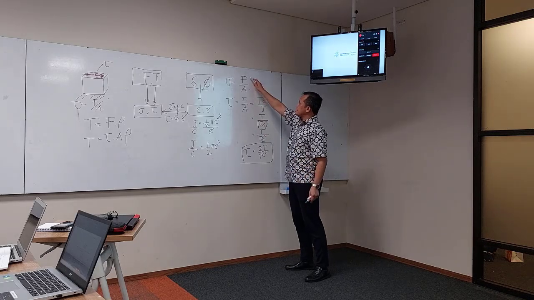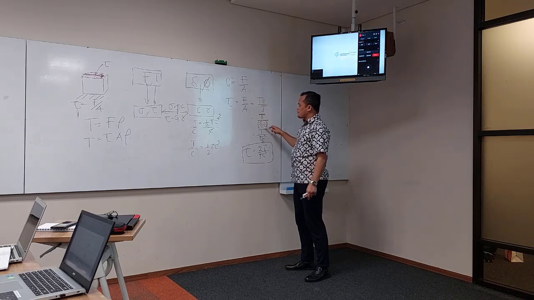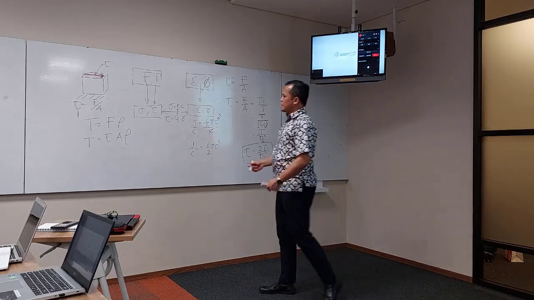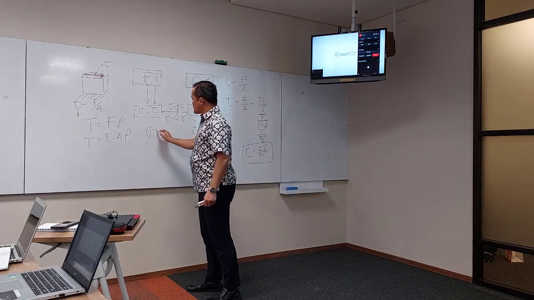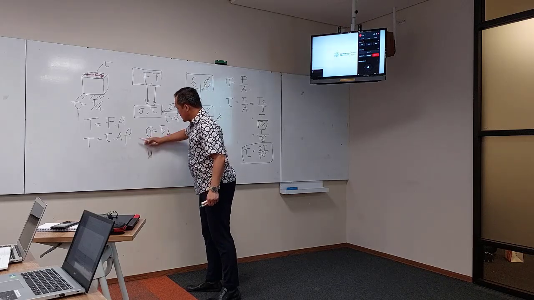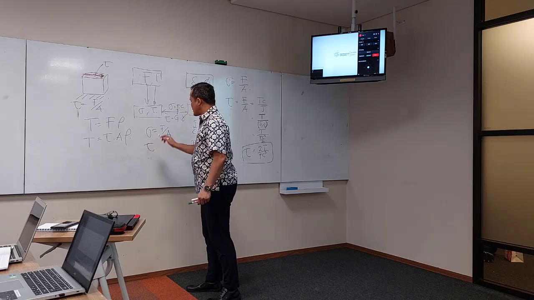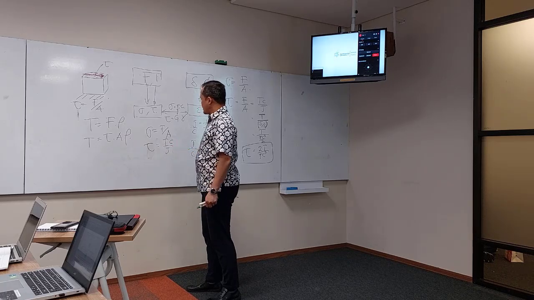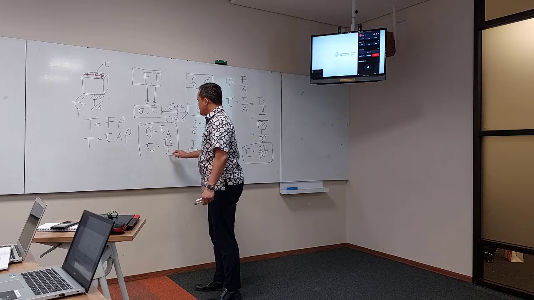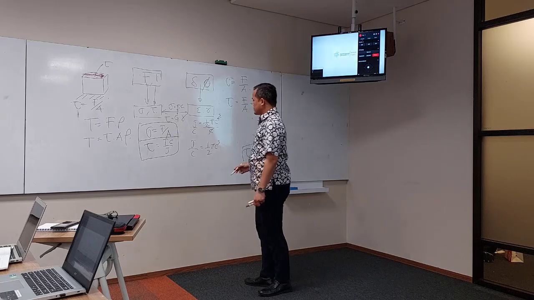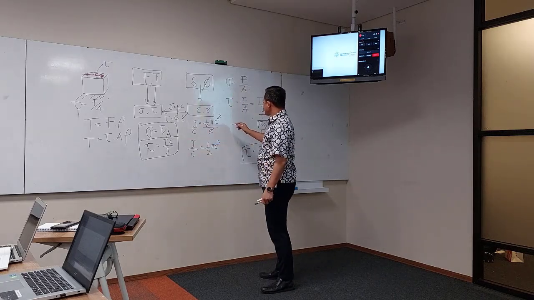For sigma it is F over A. The F becomes T, and the A becomes J over C. Now you have sigma equal to F over A, and you have tau because of torque, defined by TC over J. What are the units of pi C cubed?